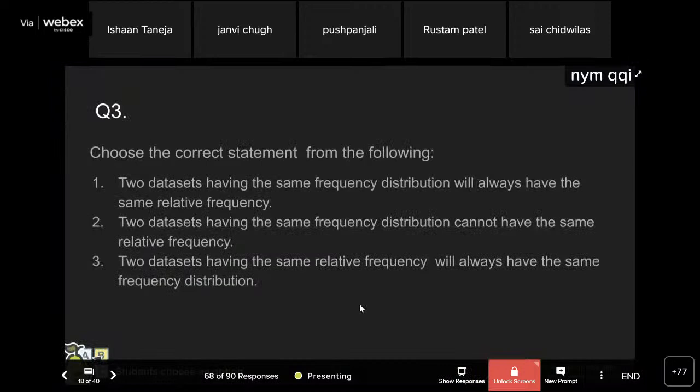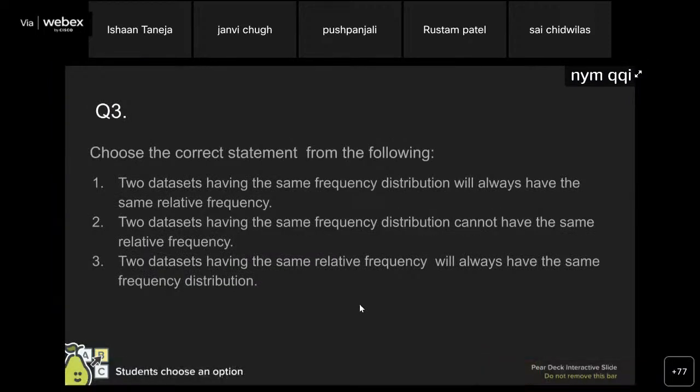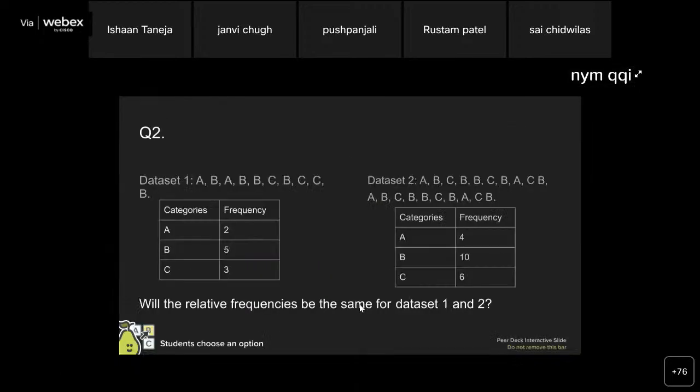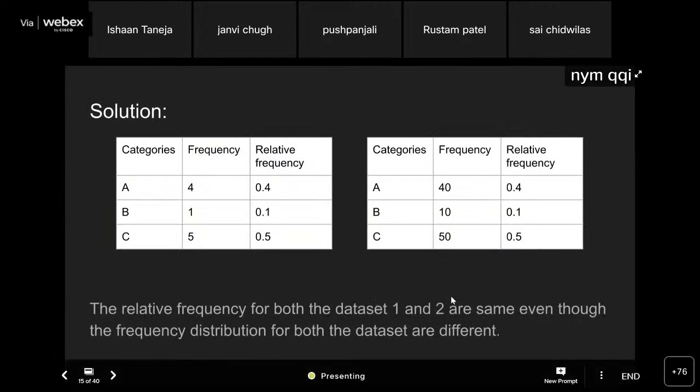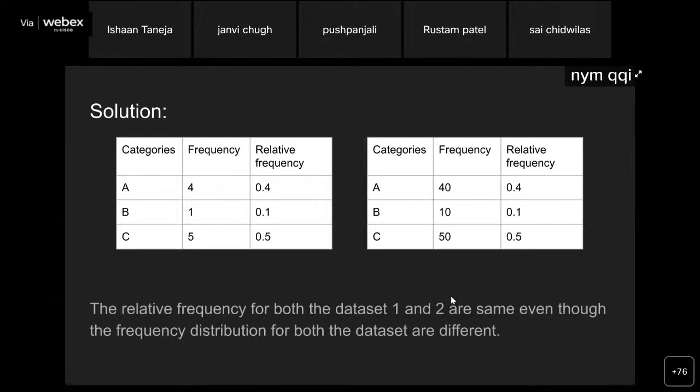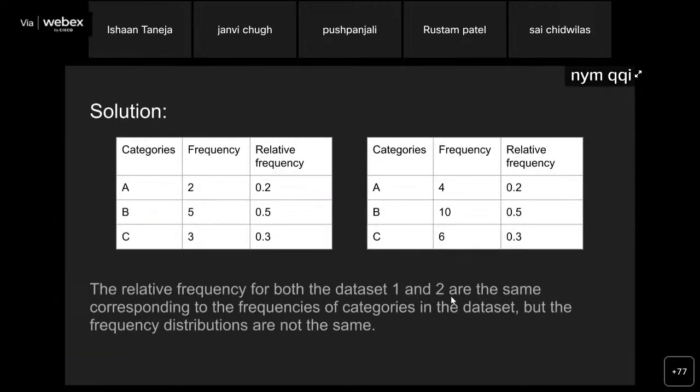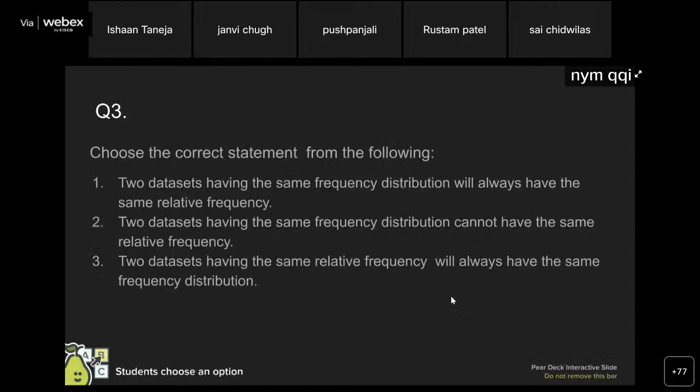So if we start from option 3 first, two data sets having the same relative frequency will always have the same frequency distribution. That's the thing we have just discussed, right? Even though they have the same relative frequency, their frequency distributions were different. So definitely statement 3 was not correct, right?